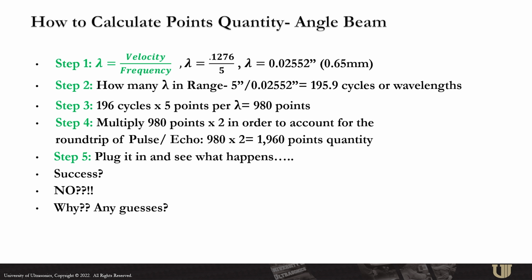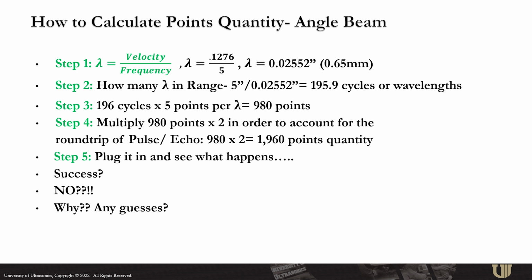Step three, I take that 196 cycles and multiply it by 5 points per wavelength, and that gives me 980 points. Step four, we've got to take those 980 points and multiply it by 2 in order to account for the round trip of that pulse echo path going out and coming back in. So 980 times 2 would be 1,960 points.